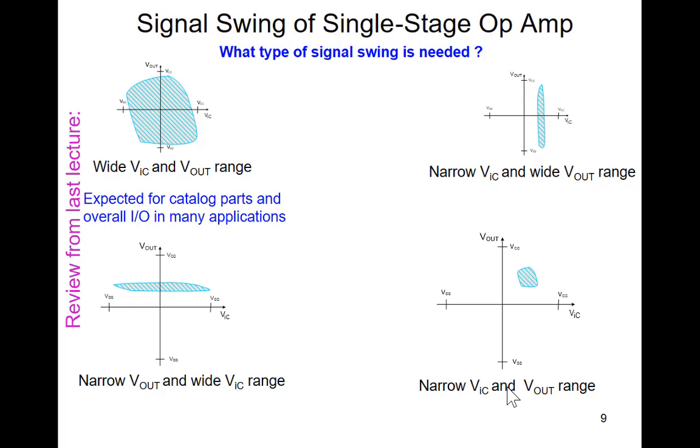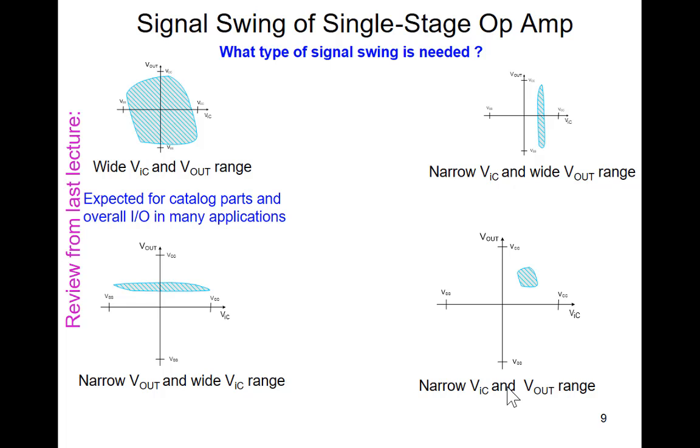We then asked the question, what kind of common mode input ranges do we need? And what kind of difference mode swings do we need? And we looked at four extreme cases: large common mode input range and large output swing, small input range and small output swing, and one large and the other small.